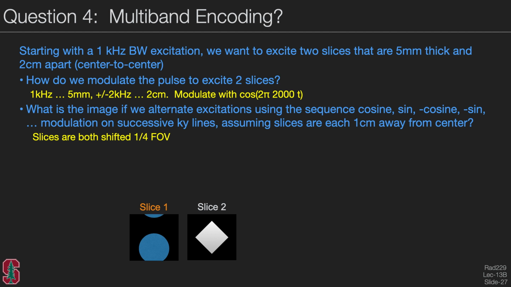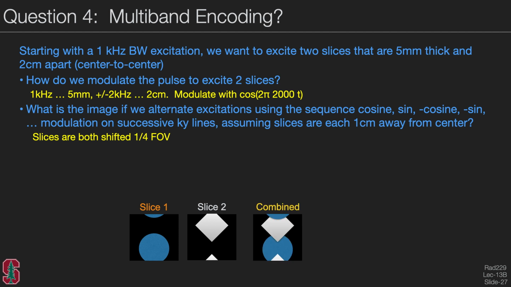So slice 1 is shifted like this, and slice 2 is shifted the other way. So what we can do now is we can combine the images here, and we see that just by doing this, we've shifted the signal in the two slices so that the aliasing is from locations that are further away.